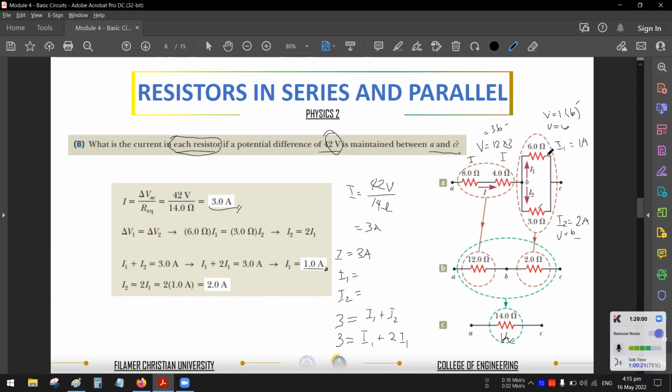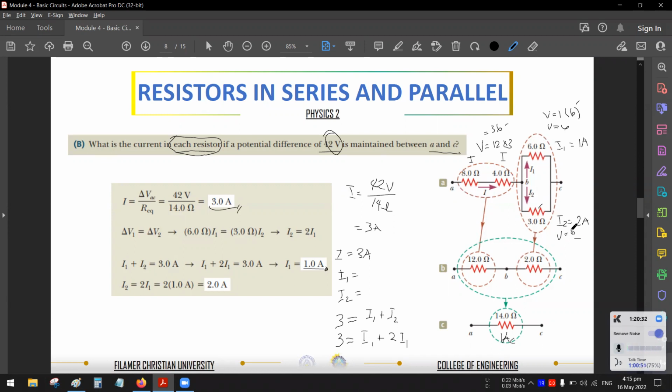Oh, so ito pala, tama di ba? You have your 6 volts. Okay. So, dito lang pala. So, point A to B and point B to C. So, pag tinotal natin to, yung voltage niya is just the same, di ba? Voltage in a parallel connection is just the same. So, therefore, yung voltage mo across this one is 6 volts.